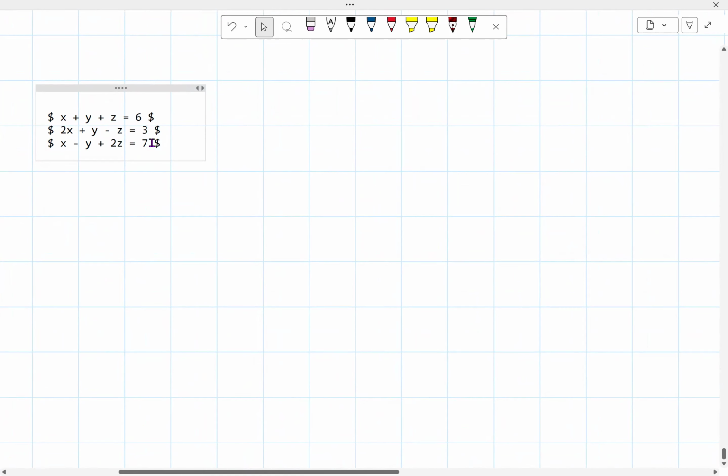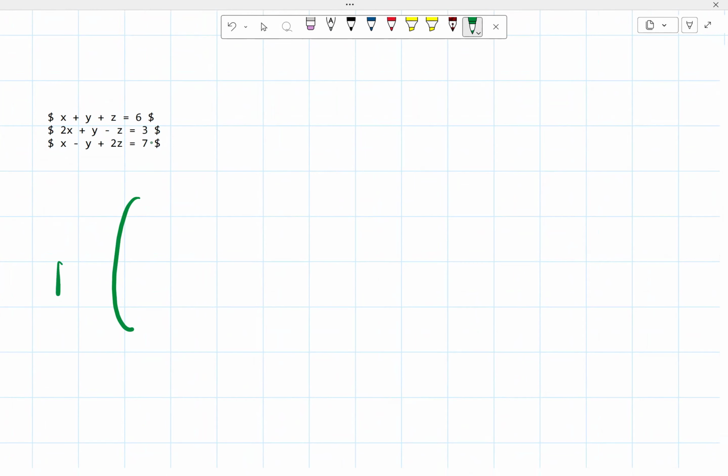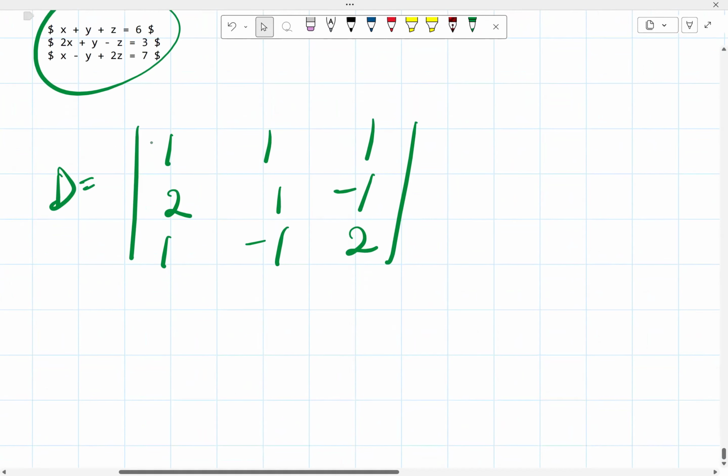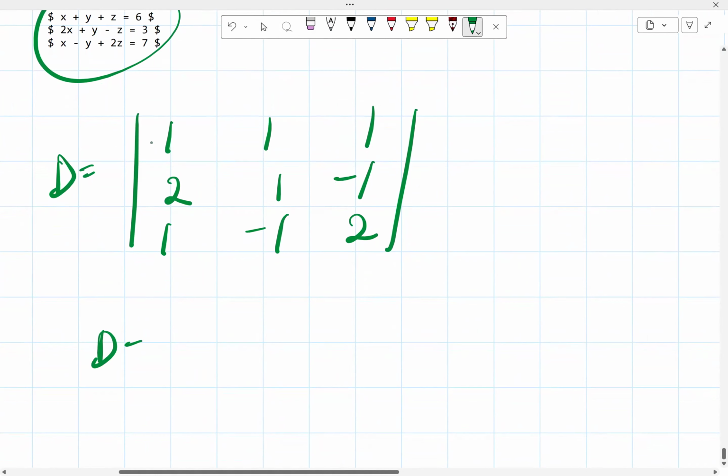So we know the original matrix D should be the determinant of 1, 1, 1, 2, 1, minus 1, 1, minus 1, 2, based on all these coefficients we have there. So that's D. To find D here, I'm just going to go fast. So plus 1 into, cover this and this.